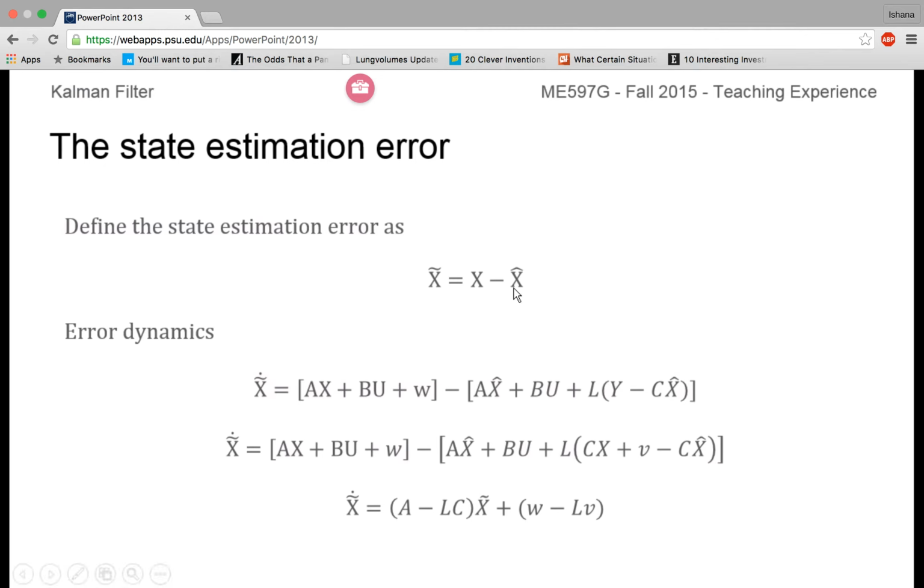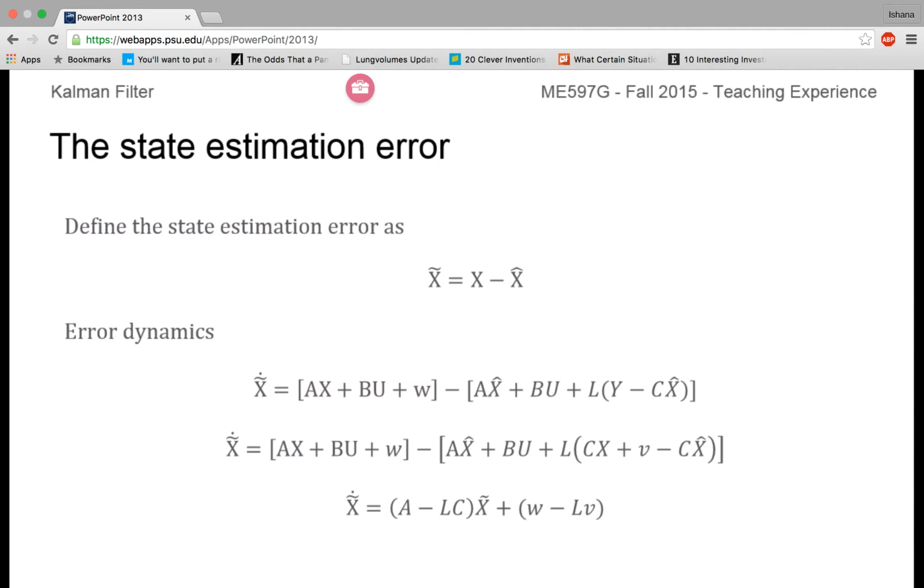Now, let us recap. We wanted an estimate of the state, but we also need that estimate to be good for it to be useful.